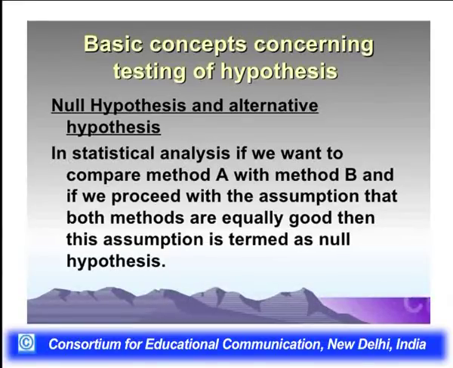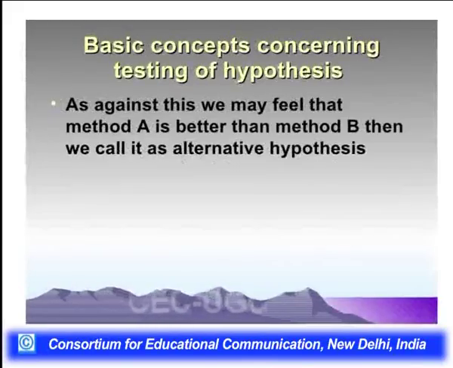In the statistical analysis, if we want to compare method A with method B, and if we proceed with the assumption that both methods are equally good, then this assumption is termed as a null hypothesis. As against this, we may feel that method A is better than method B, and then we call it an alternative hypothesis.